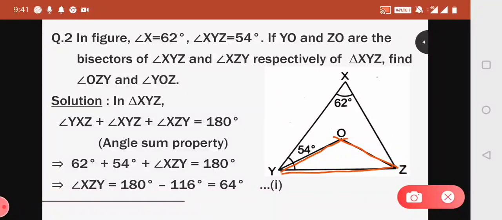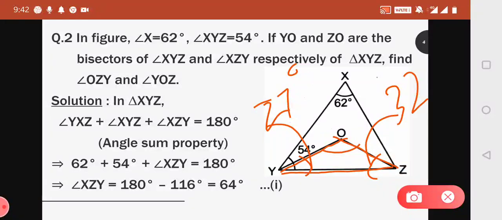When we add all these three angles, OYZ plus OZY plus YOZ, it will give 180 degrees. Right now we found the value of this angle, that is 27 degrees. This angle we have found as 32 degrees, and the summation of all the three angles will give 180 degrees. So we can find the missing angle YOZ.